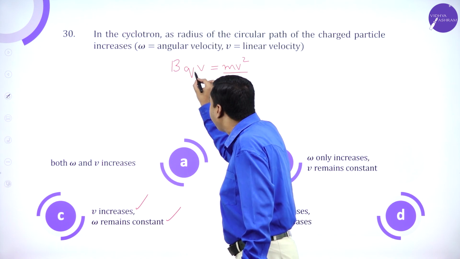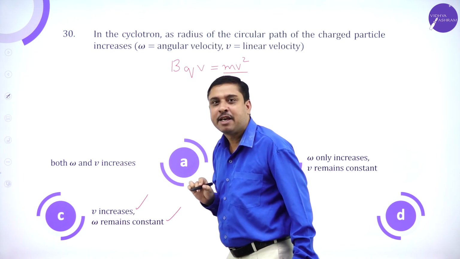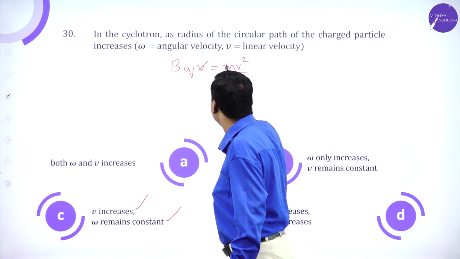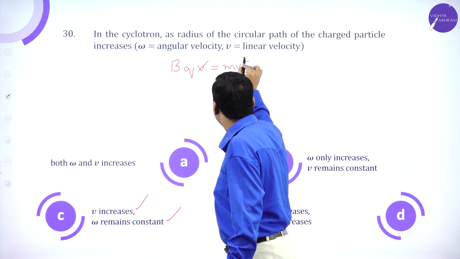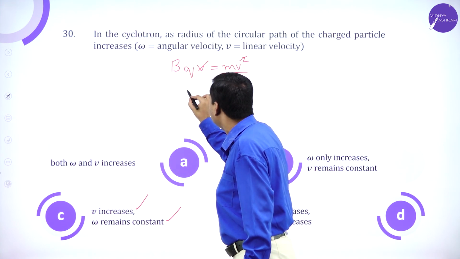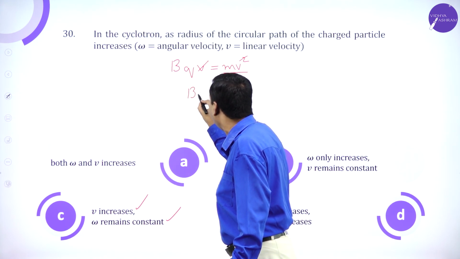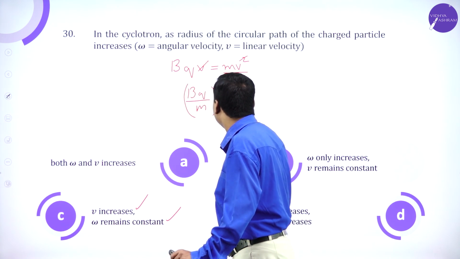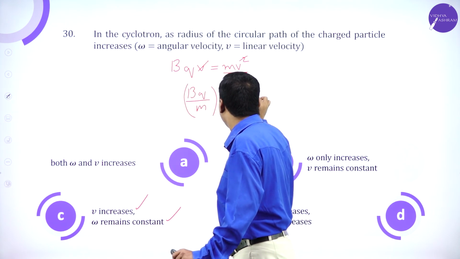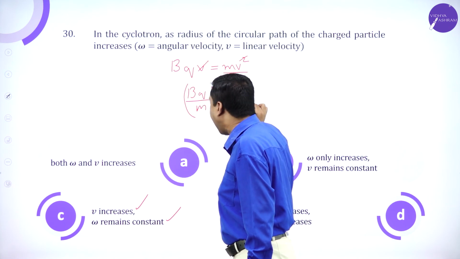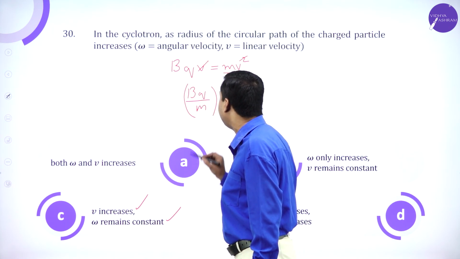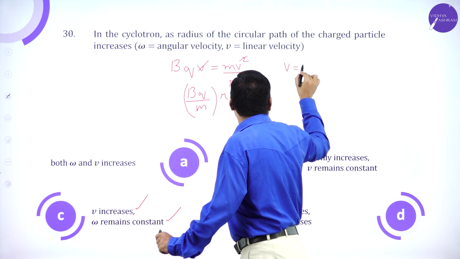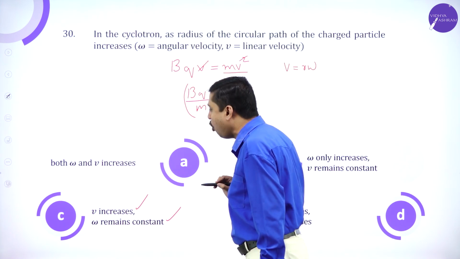The magnetic force on the charge is equal to the centripetal force acting on it. So V gets cancelled. So BQ by M into R is equal to V. So V has to increase, and omega remains constant because we know V is R omega.